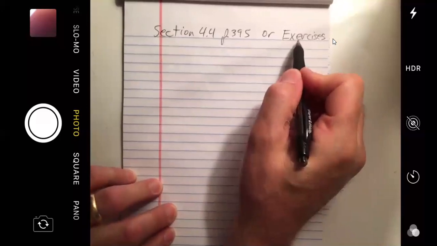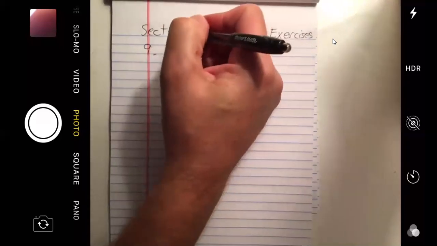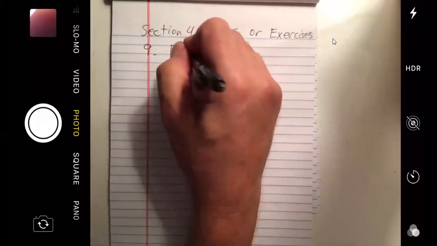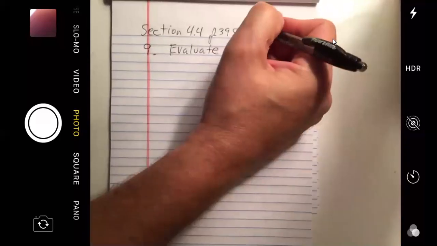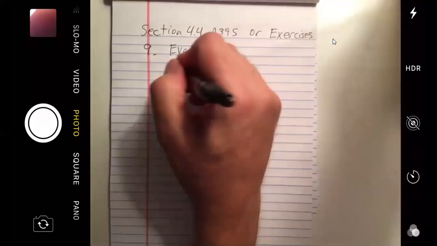If you go to, in the ebook, section 4.4, the exercises at the end of the chapter, these problems are identical. First one is number 9. They want you to evaluate log 50 plus log 200.